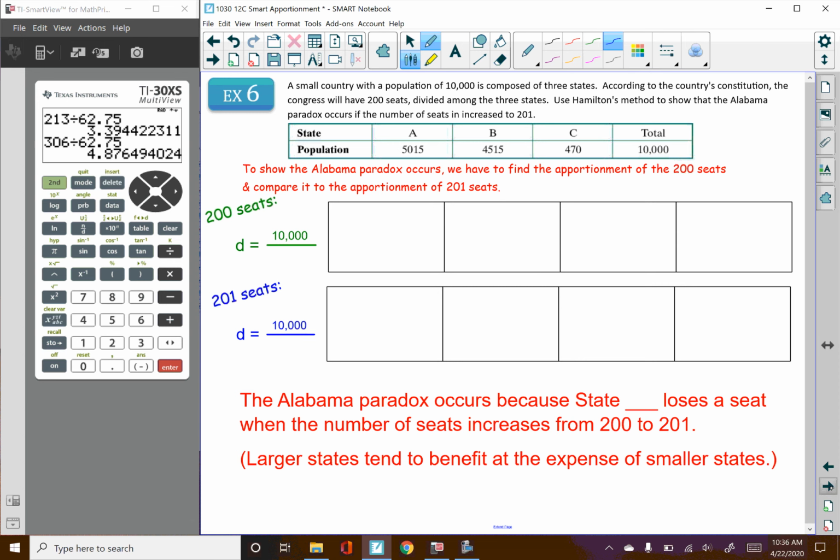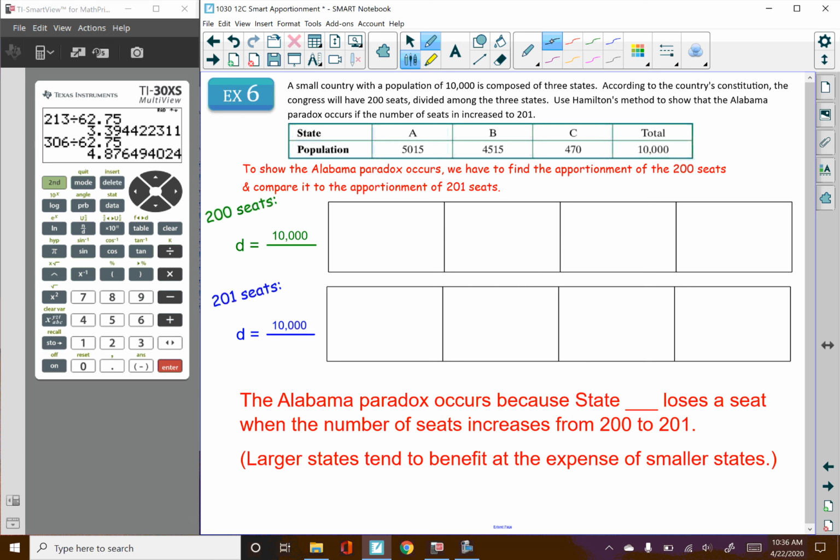If you are showing an Alabama paradox, you have to figure out the apportionment for both numbers of seats. So we have to do an apportionment for 200 seats, an apportionment for 201 seats, and then state whether the paradox is occurring or not. In this case it is going to occur, but in some of your homework problems, it won't.